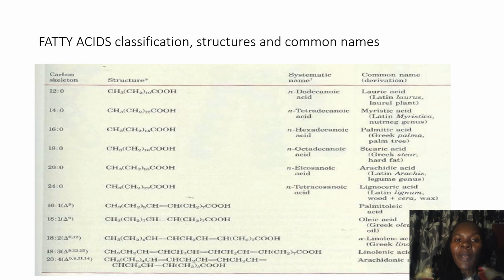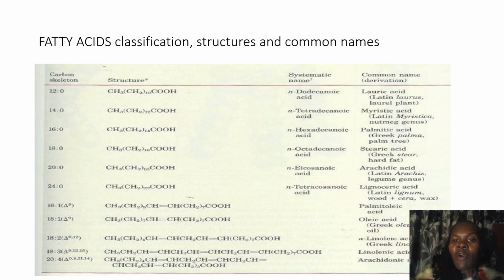For example, for this common one known as lauric acid or laurate, carboxyl end is already 1 carbon, methyl end the second carbon, 2 minus 12, you are remaining with 10. So the CH2s, you'll put a bracket 10. Then for C14 the same, COOH 1 carbon, CH3 second carbon, minus 14, you'll have CH2 bracket 12 until you reach the 24th.